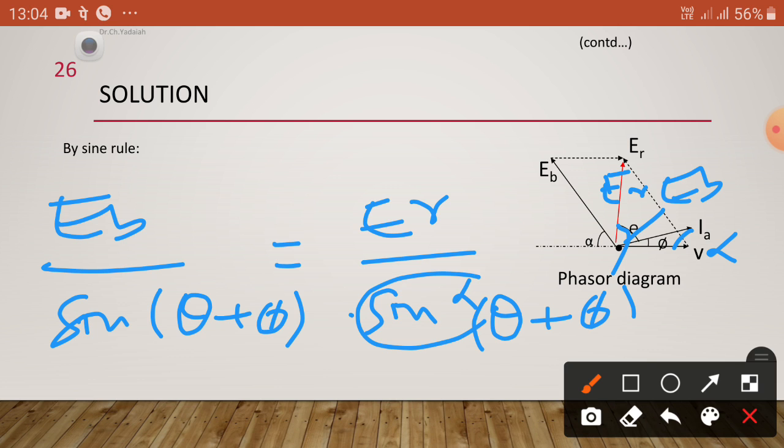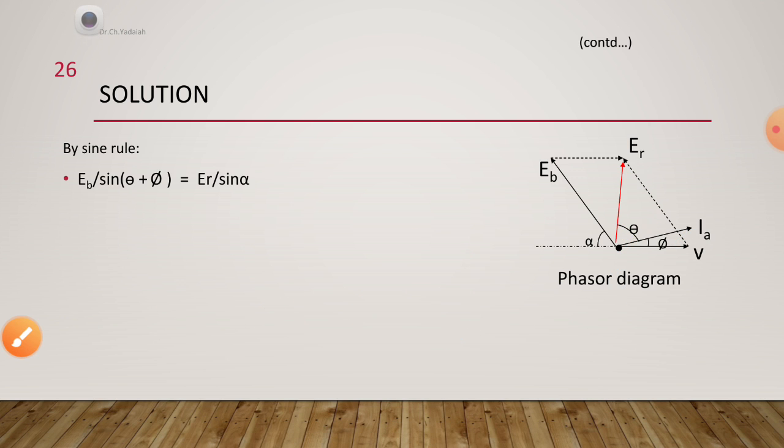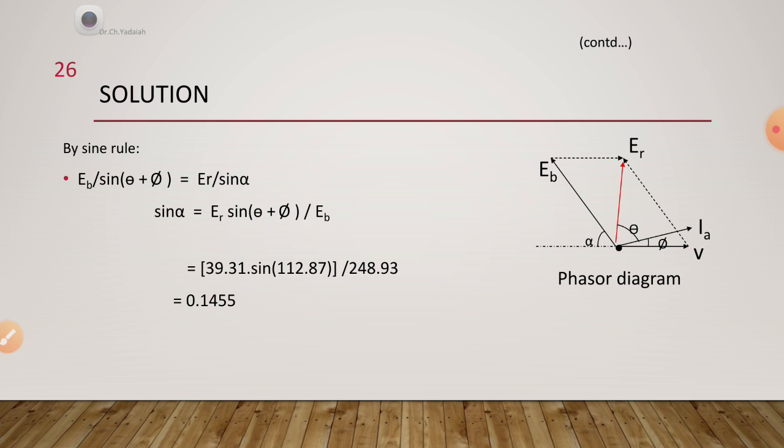I want this term, so moving to that side, sine alpha is equal to ER by EB into sine of theta plus phi. Here ER is known, EB is known, and from this we get sine alpha, that is equal to 0.1455. So alpha is equal to sin inverse of this value, and we get the angle 8.37 degrees.